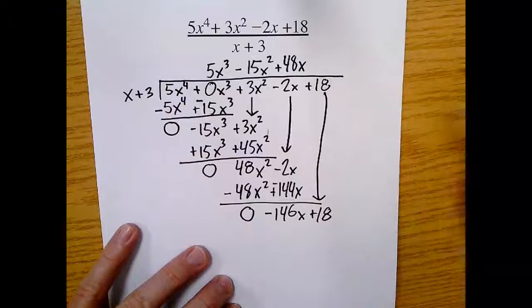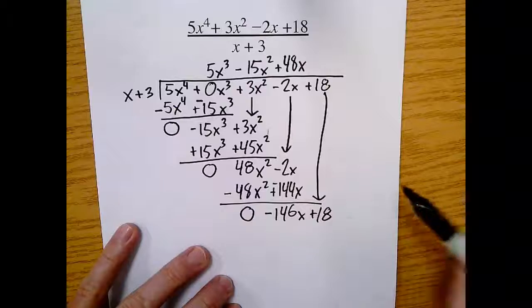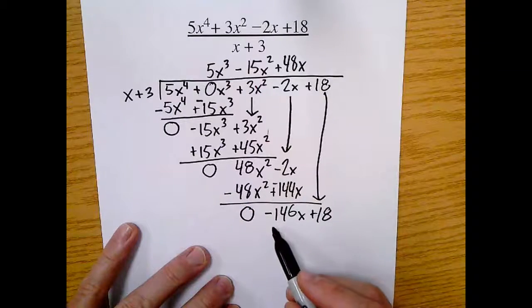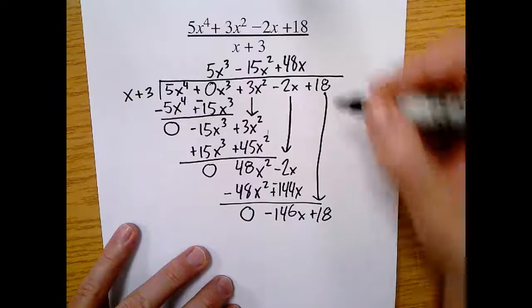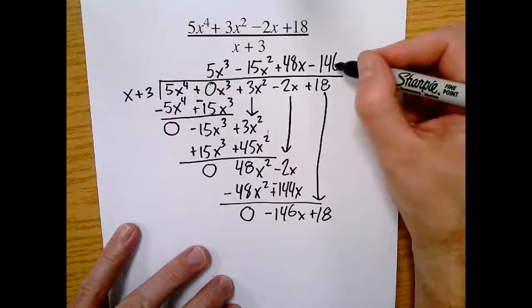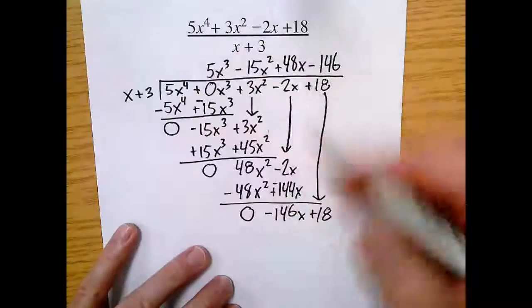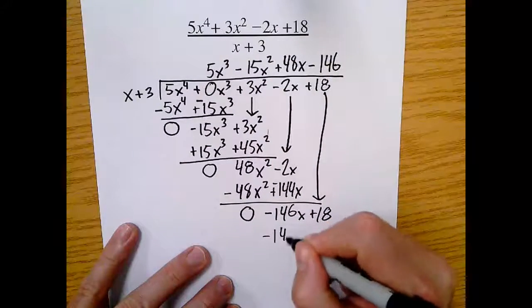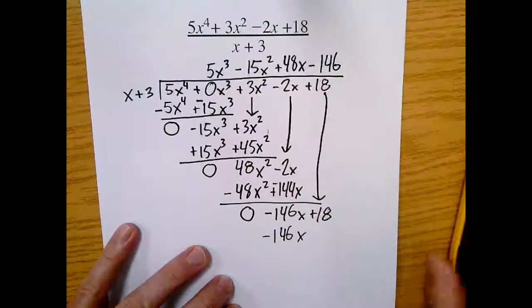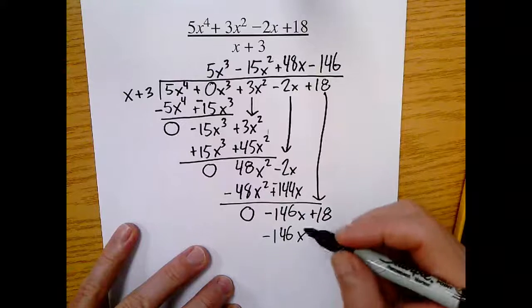So we go back to step 1. We ask that question, what do I multiply this x by to become negative 146x? Well, that is simple, just negative 146. Next step, multiply down. Negative 146 times x is negative 146x. And negative 146 times 3, well, let's see here. Negative 146 times 3 is 438.